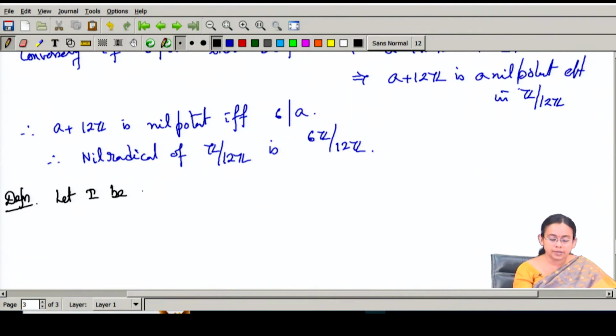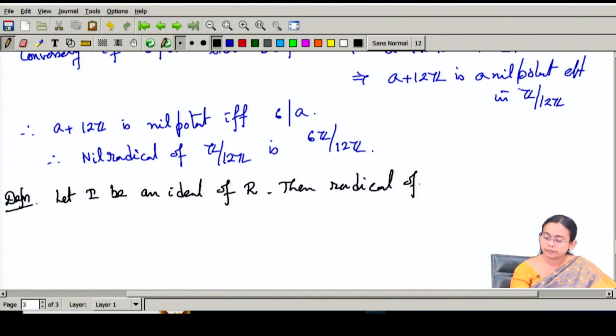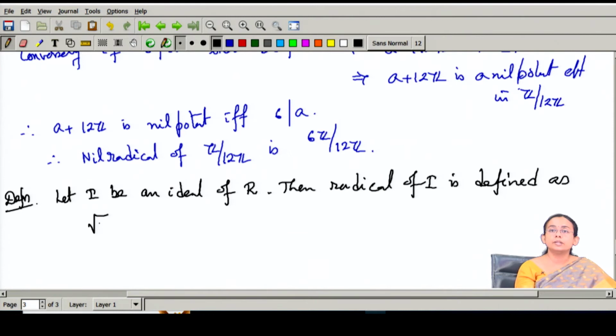Let I be an ideal of a ring R, then the radical of I is defined as, so usually the notation to denote the radical of I is this, the collection of all the elements x in the ring R such that some power of x is in I.